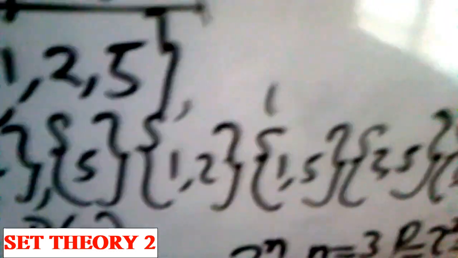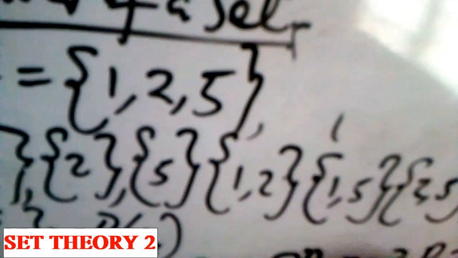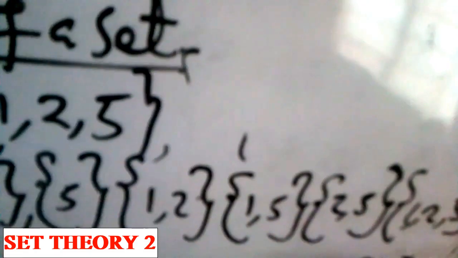In this case, the number of elements of this set is 3, so n equals 3. If you apply the formula, 2 raised to the power 3, we discover that this set can produce 8 subsets. I hope you understand that.